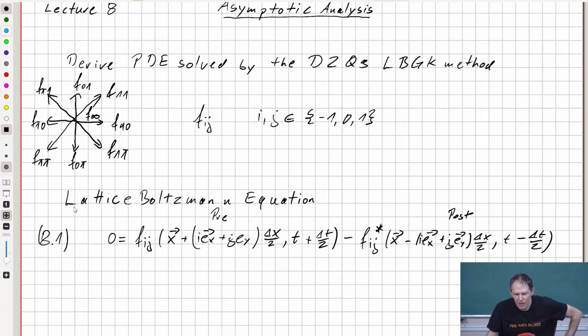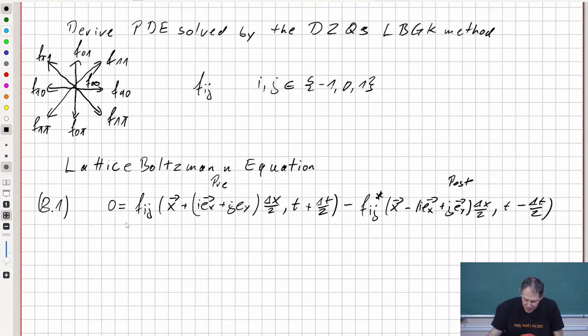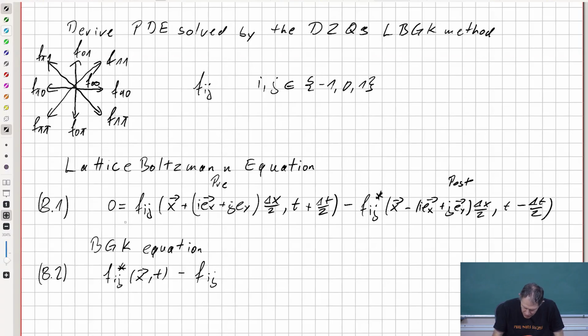So now we have to combine this with a collision operator, and this of course works for the different collision operators we are still going to discuss, but for the time being we look at the BGK collision operator, which is our equation 8.2: f_ij after collision at the position x and t minus f_ij before collision, so there's no asterisk here, at x and t.